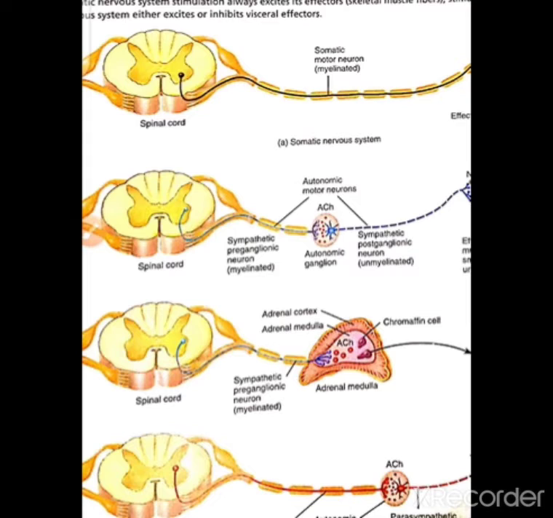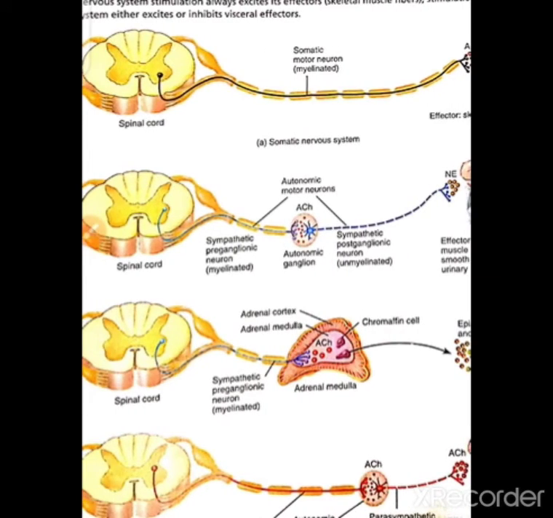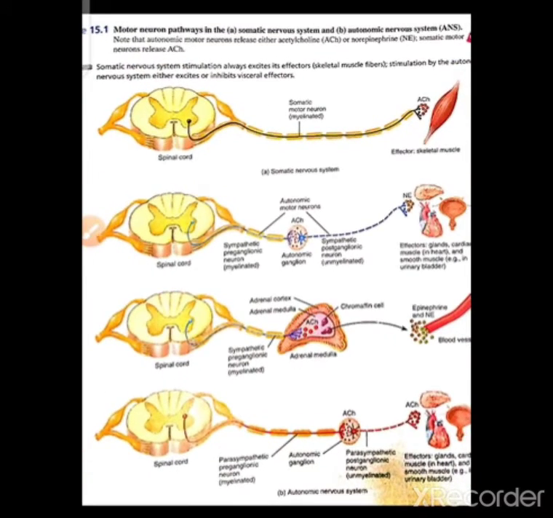Then the sympathetic postganglionic neurons, unmyelinated, go to the effectors: smooth muscle, for example the urinary bladder, glands, and cardiac muscle in the heart. The sympathetic preganglionic fibers are myelinated, and the postganglionic fibers are unmyelinated.